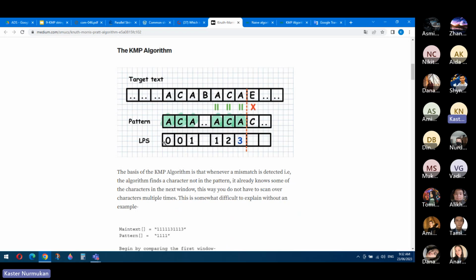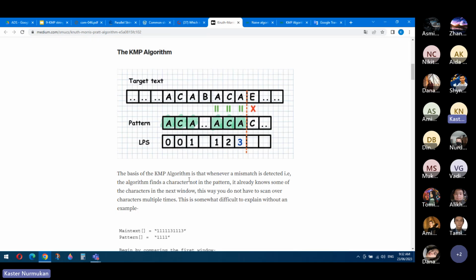They are trying to create the LPS table. Based on that, they avoid repeating the comparison process. So that's the reason KMP is much more efficient.